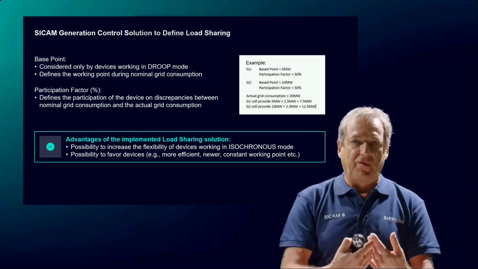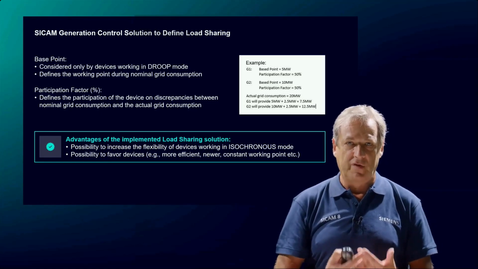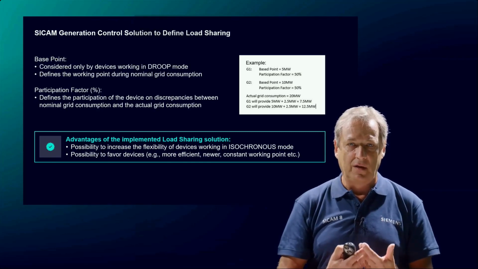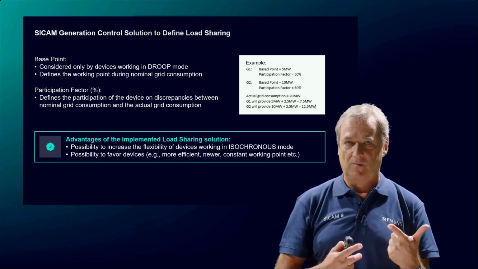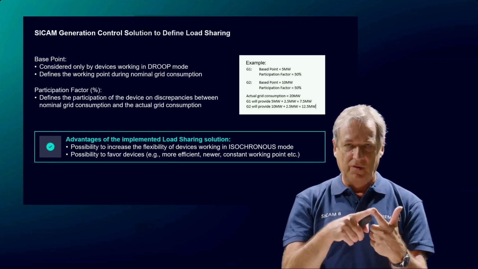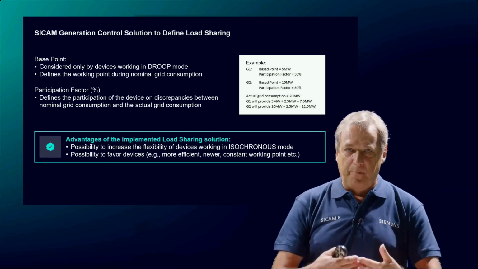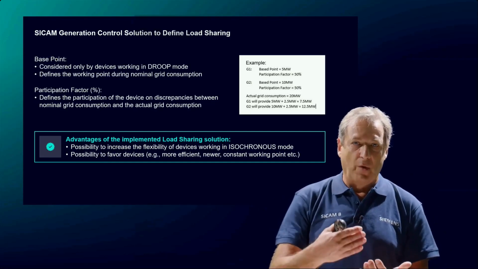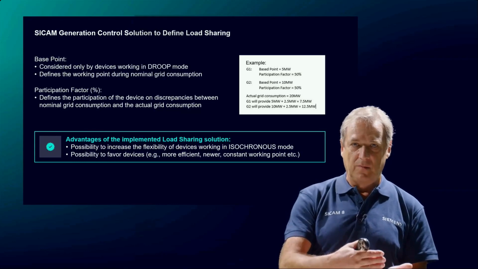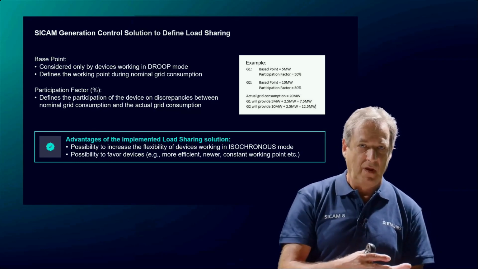In order to achieve maximum flexibility, SICAM generation control considers for each individual generator two parameters. The first one is the base, we call it base point. And the second one we call participation factor. The base point specifies the operating point of a generator when the power in the grid has its nominal consumption.